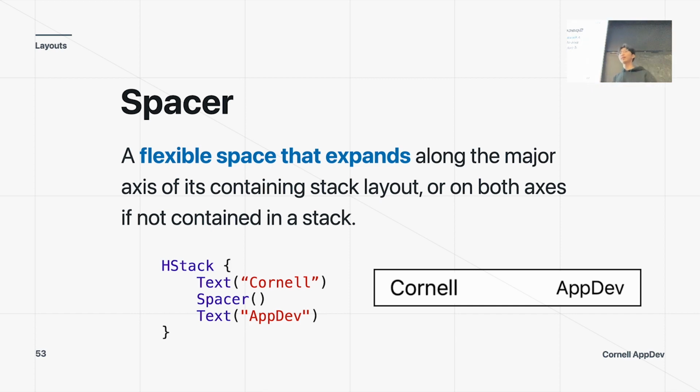In UIKit, you have these constraints and auto layouts, but in SwiftUI, you don't care about that. If I just add a spacer in between, it spaces out for me. If I wanted a space right here, I can just put the spacer before the text Cornell. If I wanted it to the right of app dev, I can just put it after.